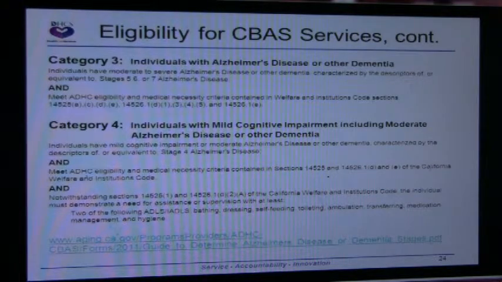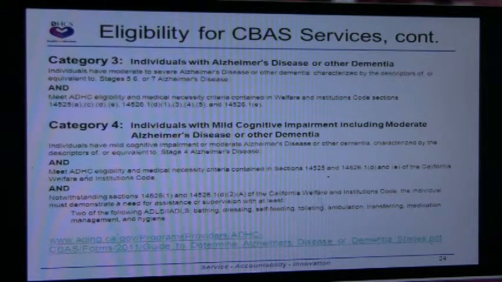I would draw your attention to the bottom of slide 24. Another link that will bring you to a guide for determining Alzheimer's disease or dementia stages. Lots of good detailed information there in that tool.